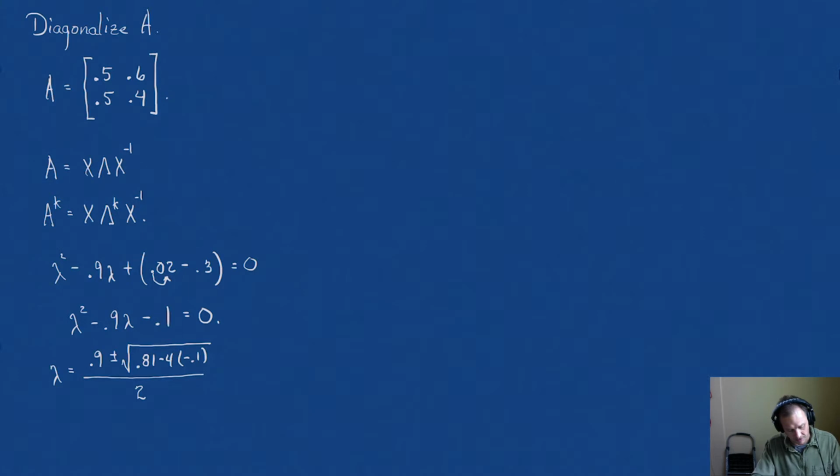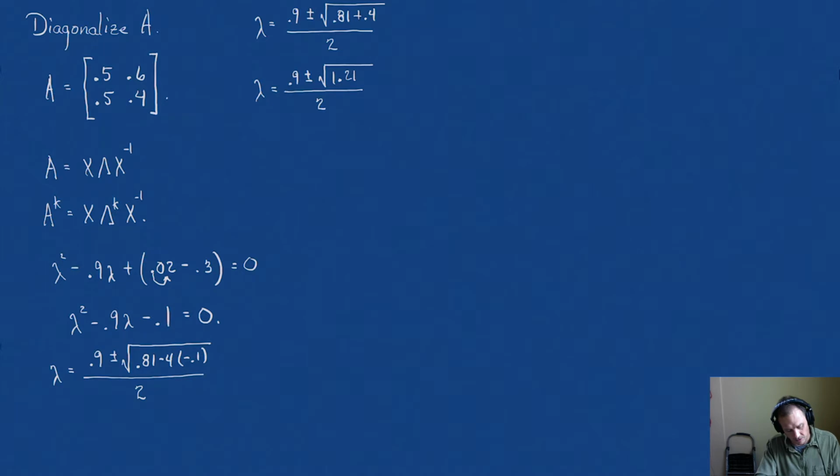So lambda equals 0.9 plus or minus the square root of 0.81 plus 0.4, which is 1.21, over 2.